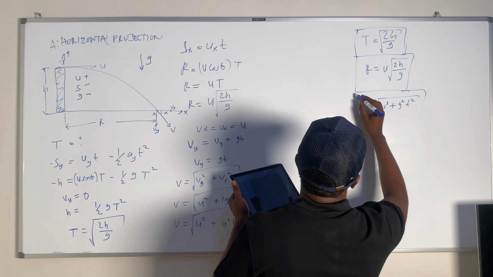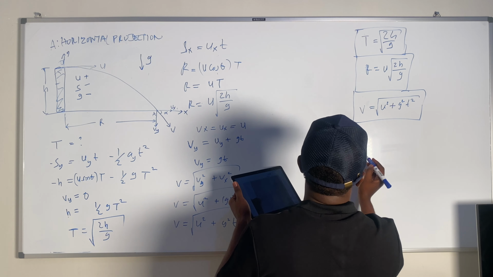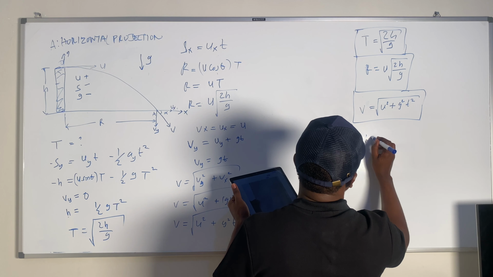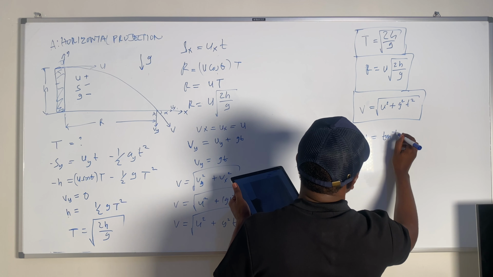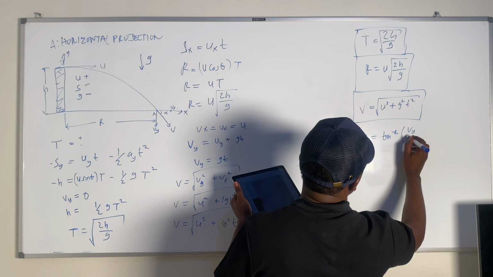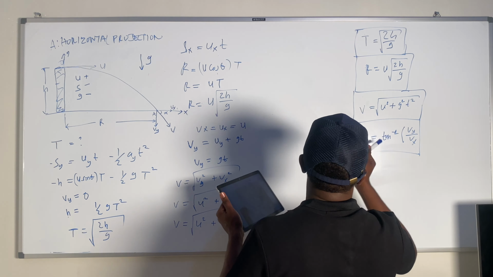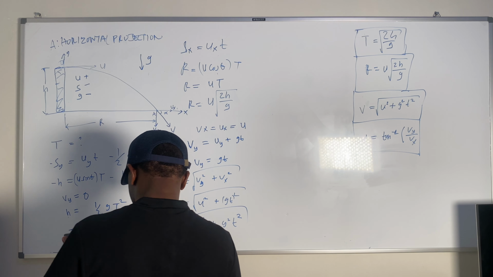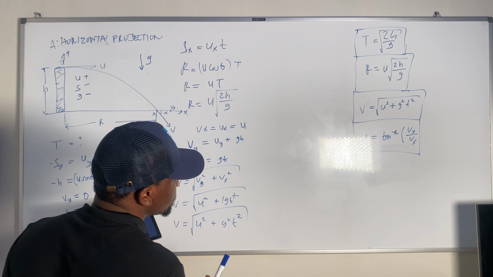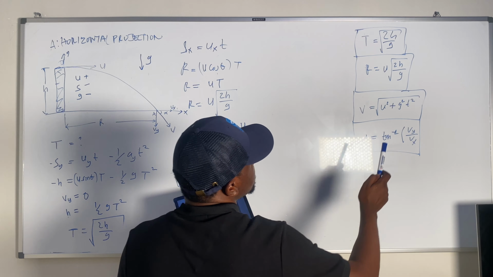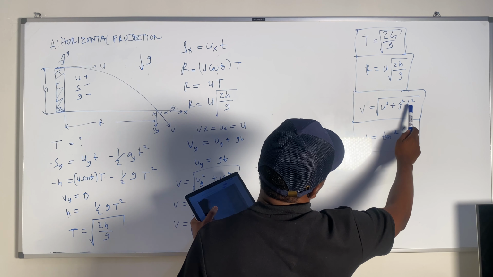This is the expression of v at any point, and the direction as usual will be equal to tangent inverse of vy over vx. This is an expression for velocity in terms of magnitude and direction. On landing, this t here will be equal to the time of flight.